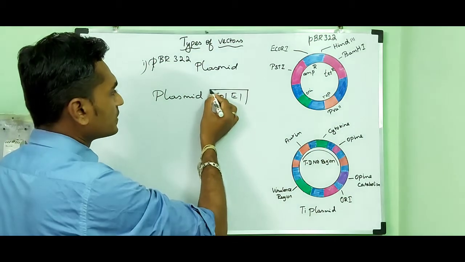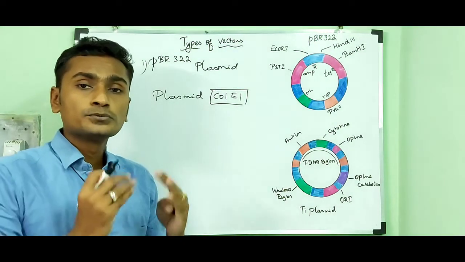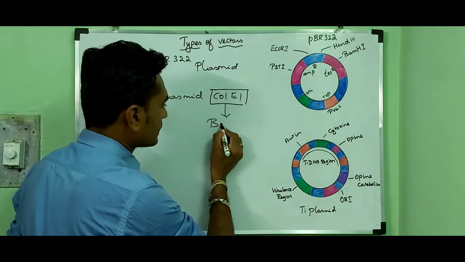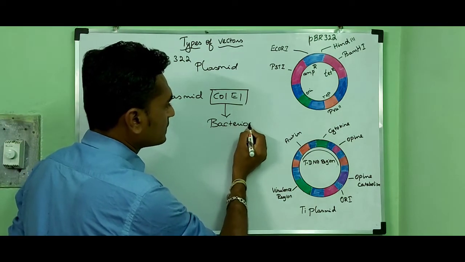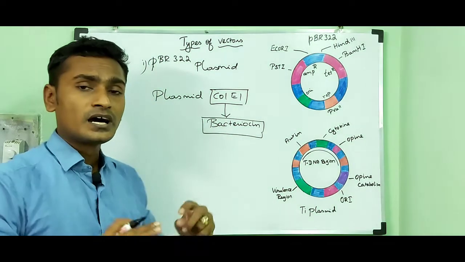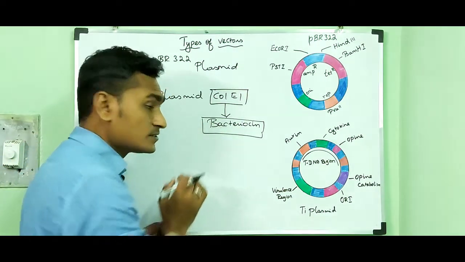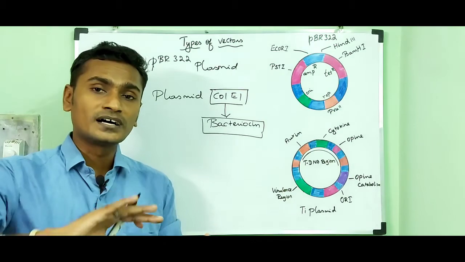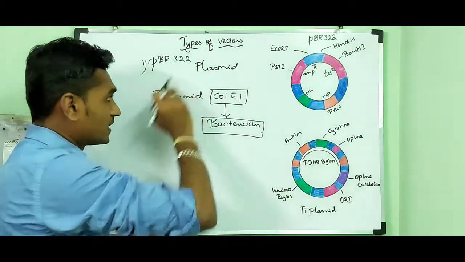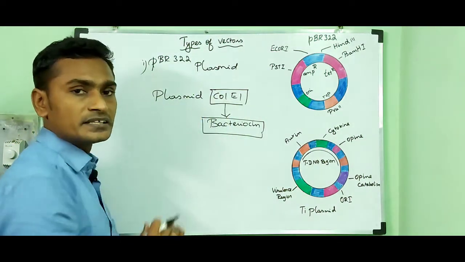The E1 plasmid is able to produce a toxic substance called bacteriocin, which can affect the growth of other related bacteria.